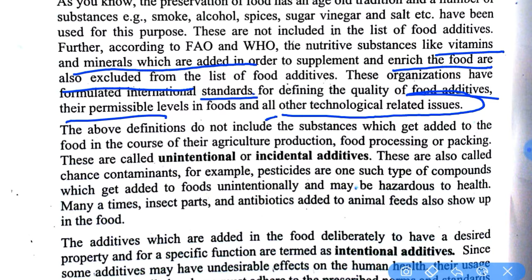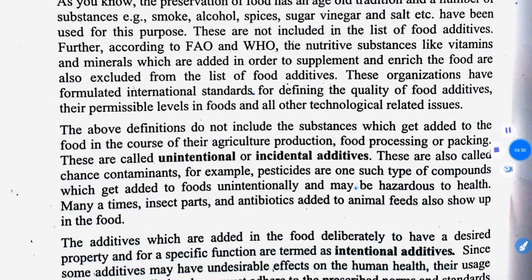So food additives are those substances used in food for production, processing, preserving and so on, but these are not vitamins and minerals as per FAO and WHO.